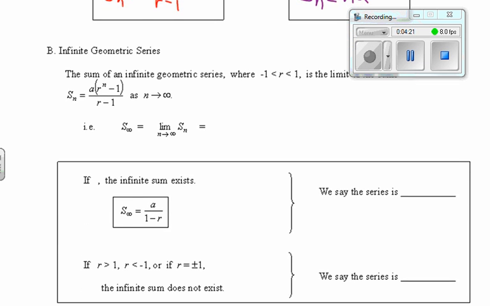Infinite geometric series. Well, you knew it had to happen because calculus is, of course, a study that's really based on infinity. And we're not going to be just happy adding up n terms. That is actually so yesterday. We actually need the sum of an infinite number of terms.